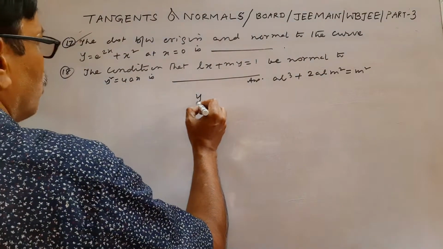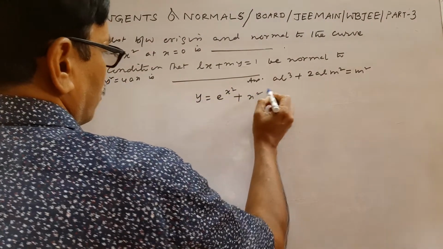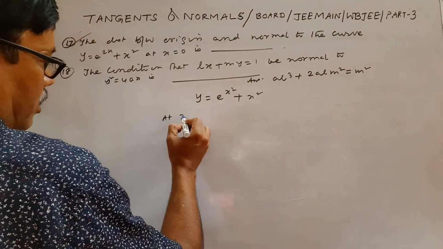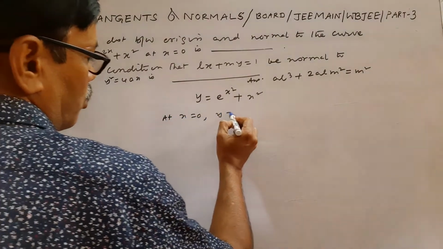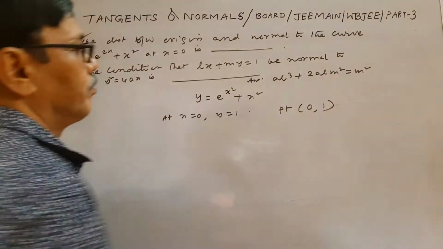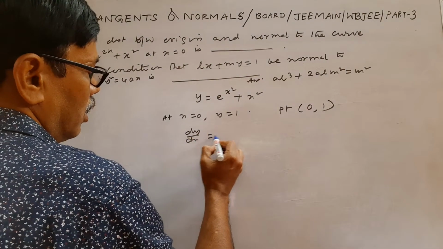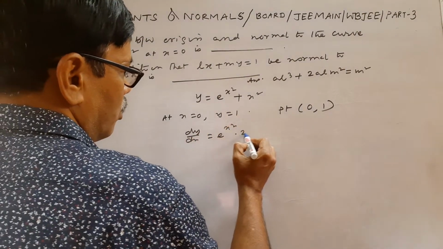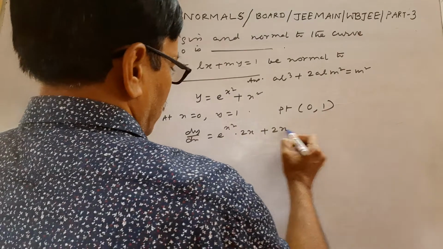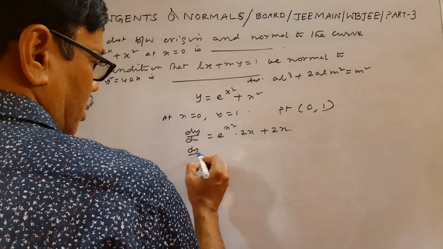So the curve is y equals e to the power x square plus x square. So at x equals 0, y equals 1. So point 0, 1. Now dy dx.